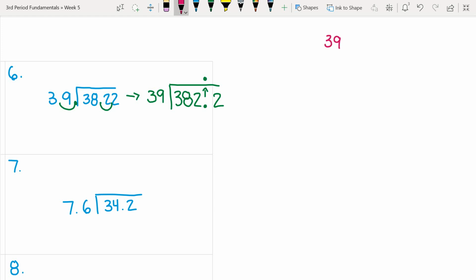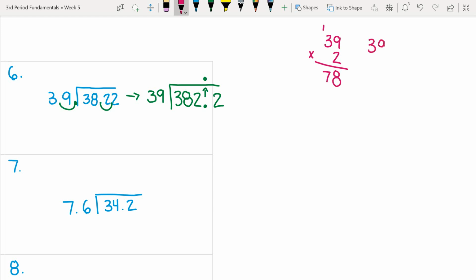So what I'm trying to do is multiply 39 enough times that I get real close to 382. So I just start with 39 times 2 and see how close that gets me. Well, that's 78 because I do 2 times 9 is 18, carry my 1. 3 times 2 plus 1 is 7.